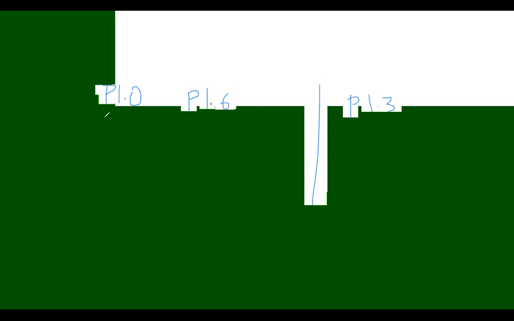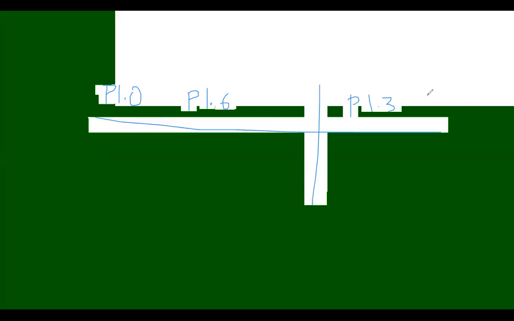P1.3 is a switch which has to be pulled up. You don't have any other option because that push button is already soldered. The plate of the push button is tied to ground. Now, when you read P1.3, you have to read it as P1 in point bit 3.